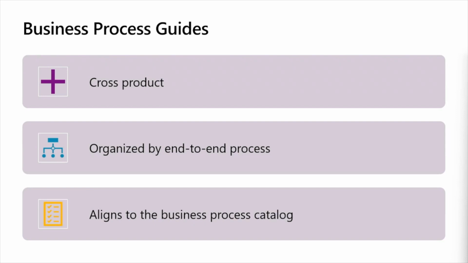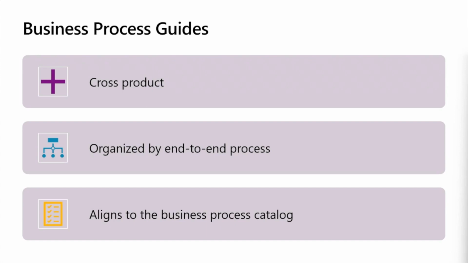Each article is specific to a particular business process, which is a set of tasks to meet a specific business objective, and it includes guidance on how to implement that, what the issues and considerations are, including a flowchart of how that process looks at the most basic level with the out-of-the-box functionality.